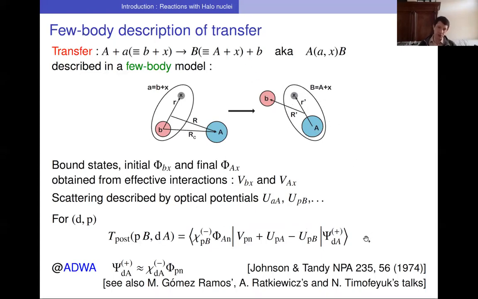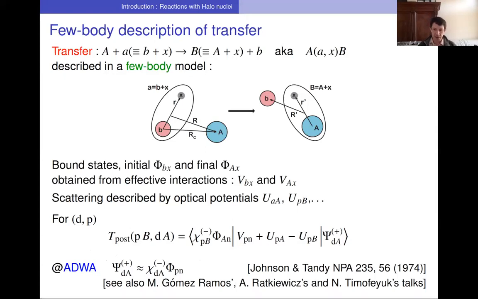I will not use as fancy a model as what Mario presented two weeks ago. We base ourselves on the Johnson and Tandy approximation, the adiabatic distorted wave approximation, where this three-body wave function is approximated as the incoming distorted wave between the deuteron and the nucleus A, and then the bound state of the deuteron.